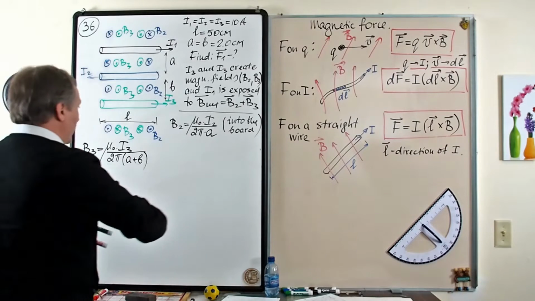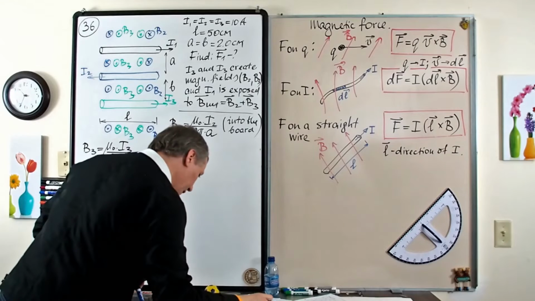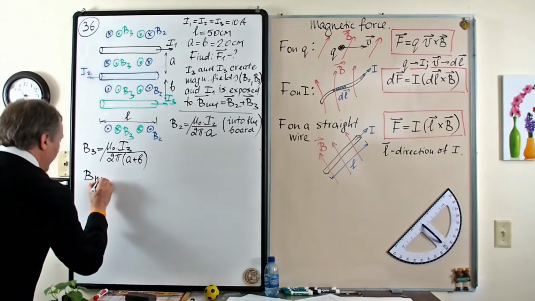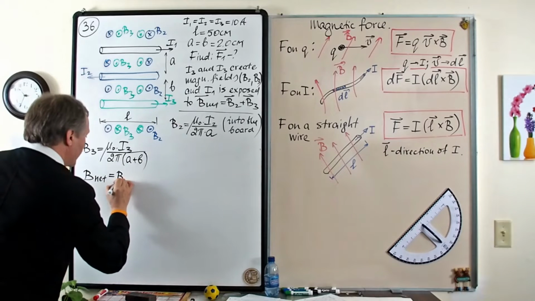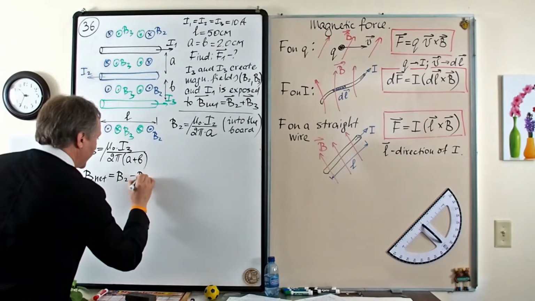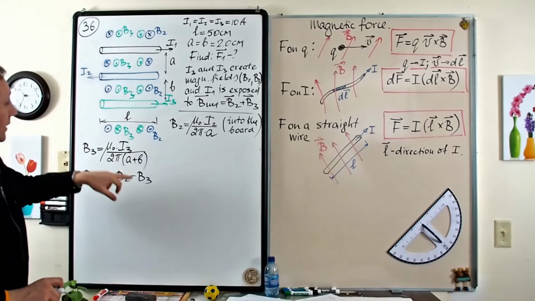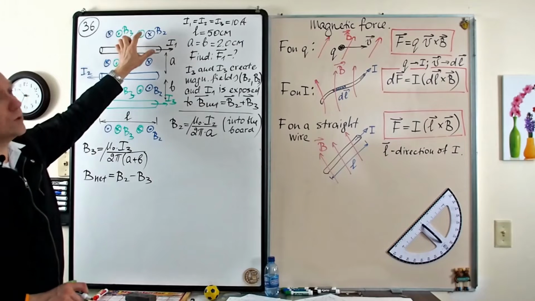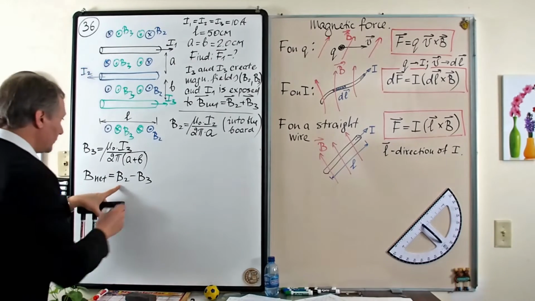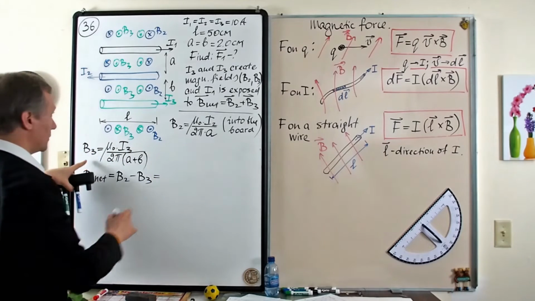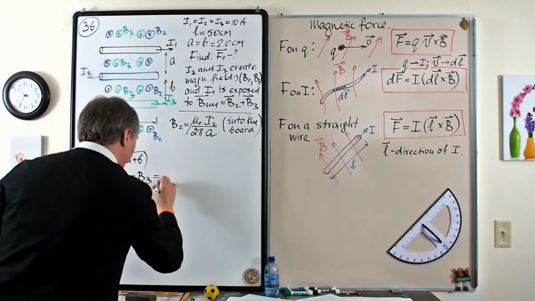Okay, so now I can write B net. Since B2 is stronger, B net will be B2 minus B3, and direction I will write at the end. The direction of the net magnetic field is going to be into the board, because again, B2 wins. So I can subtract this minus that, right?